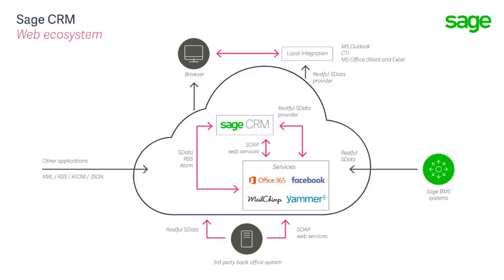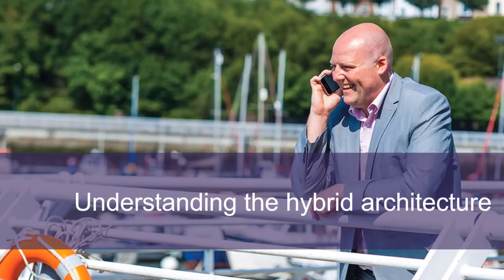And we have an environment in which our cloud conversations take place, working with a whole range of different external third-party software, and configuring for that web ecosystem or cloud ecosystem is going to be a very important consideration for us.